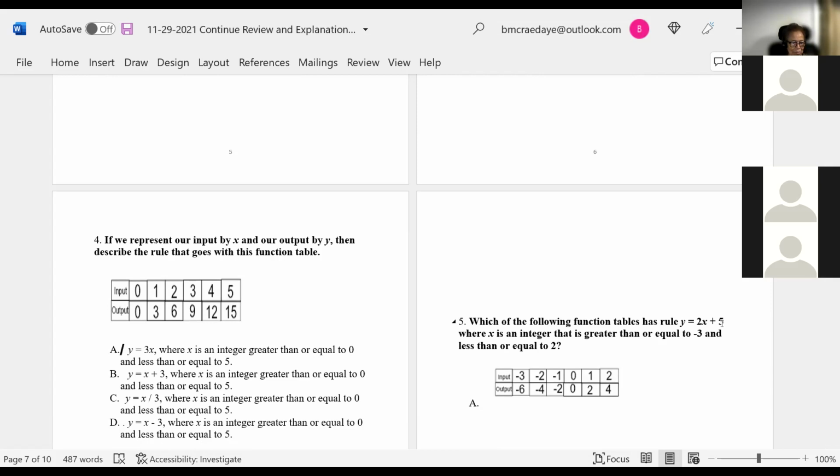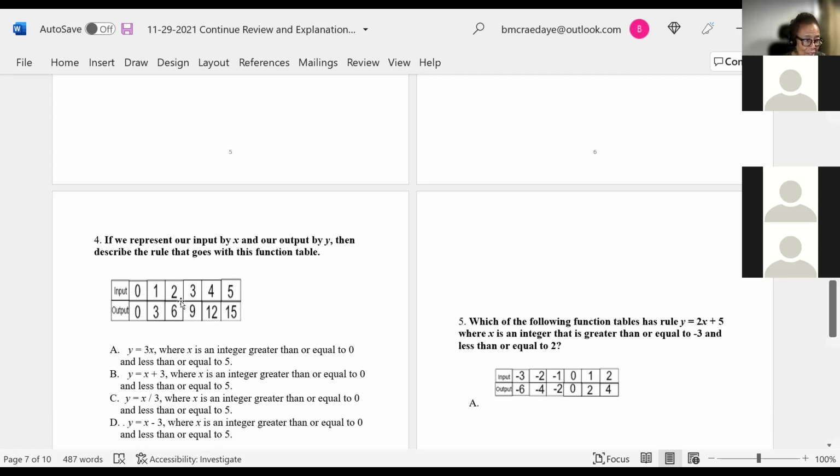Look at the input. Look at the output. What operation do you use to go from the input to the output? I notice your relationships are multiplication, addition, division, and subtraction. Multiplication. Okay, multiplication. And what is the multiplication, Latoya? It's A. That's right. Very good.